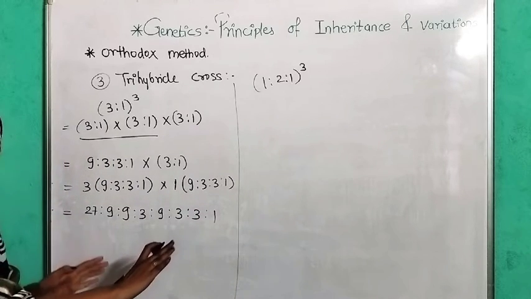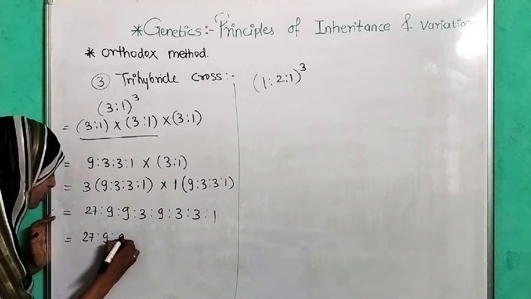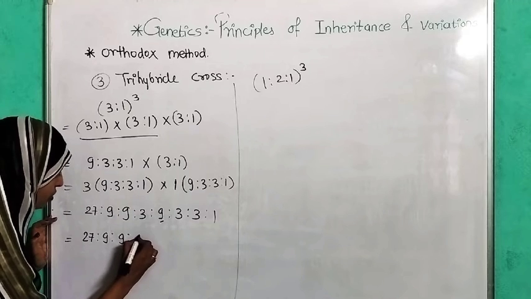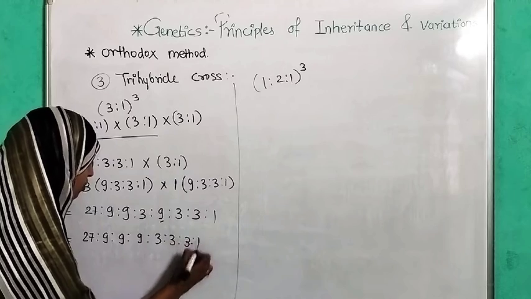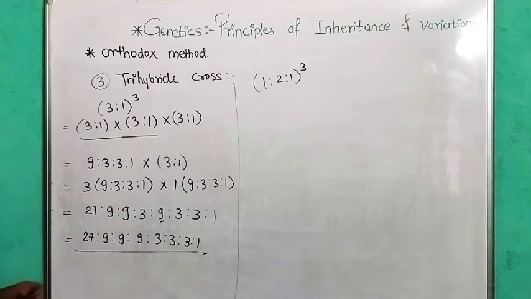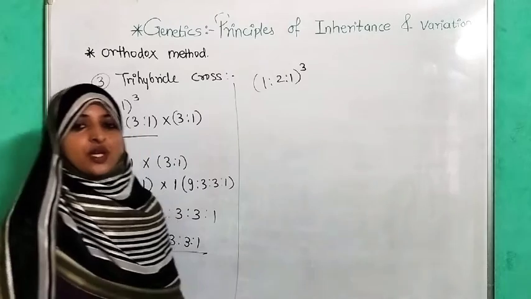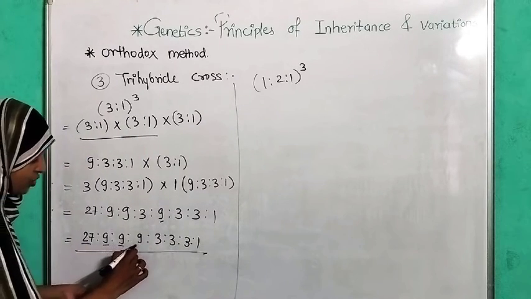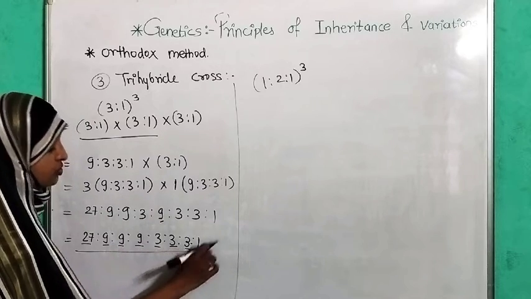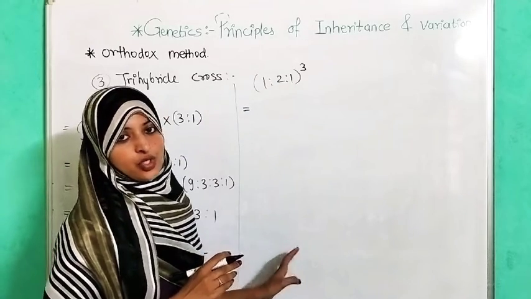Now we arrange it properly: 27, 9, 9, 9, 3, 3, 3, 1. So this is the phenotypic ratio of the trihybrid cross: 27:9:9:9:3:3:3:1.